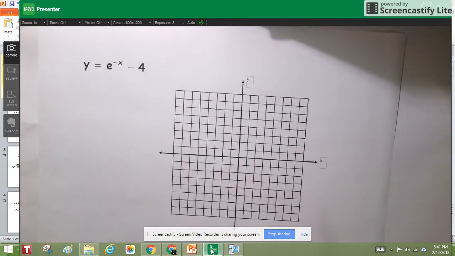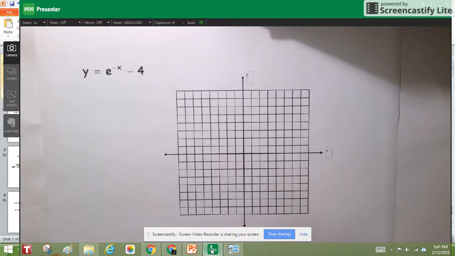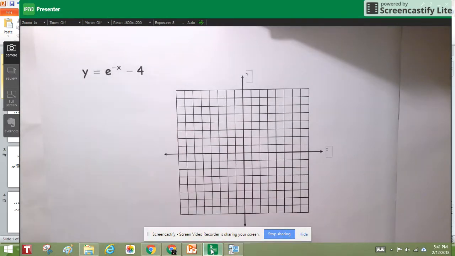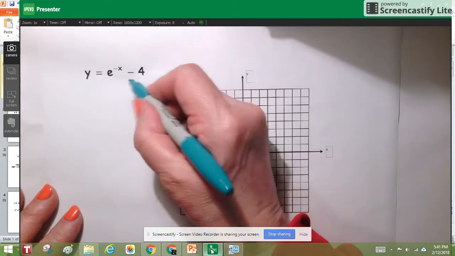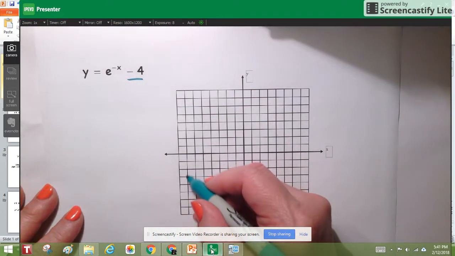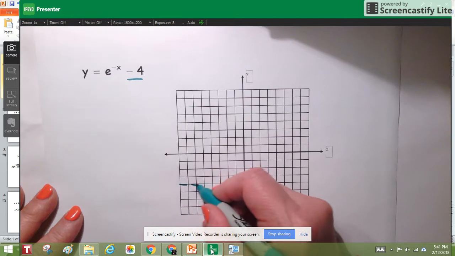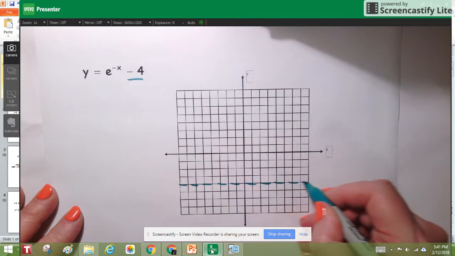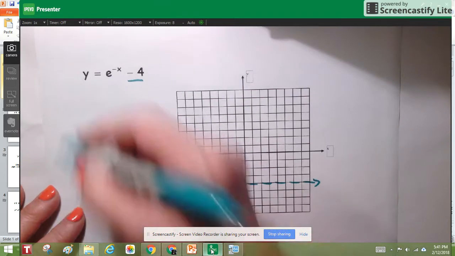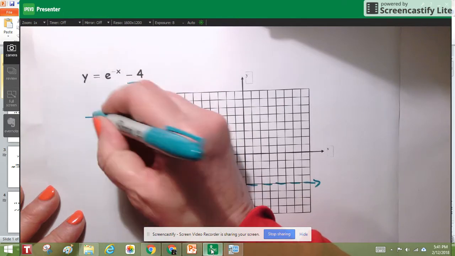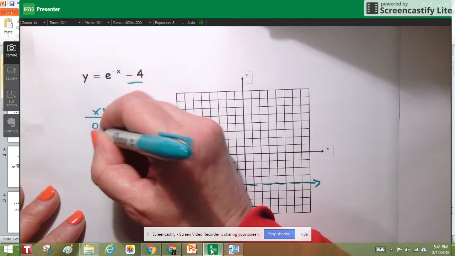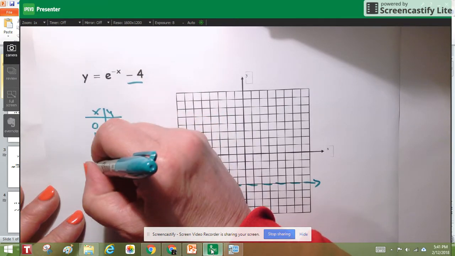And the last one we want to graph is if we have some shifts and some flips. So here again, this -4 is going to be my asymptote. 1, 2, 3, 4. Right here is my asymptote. And now if I do an XY table, 0, 1, 2, -1, -2.